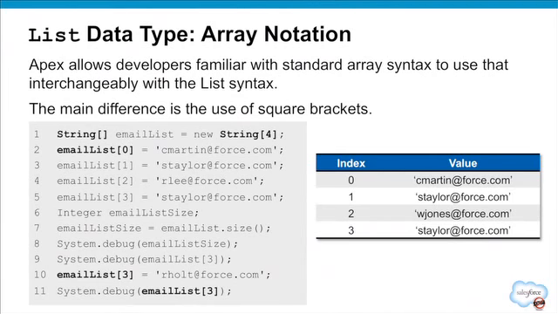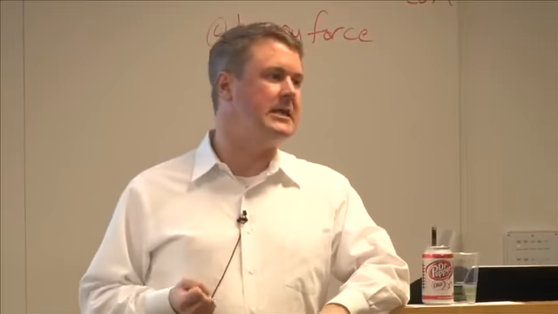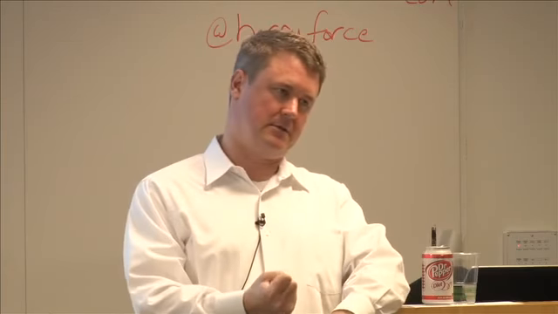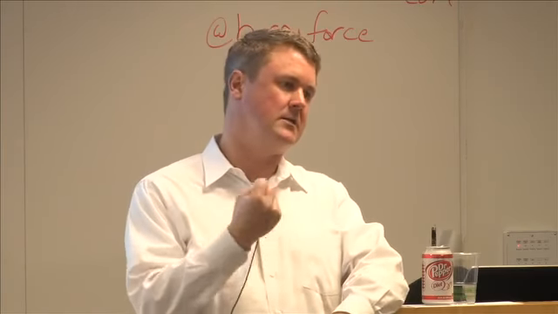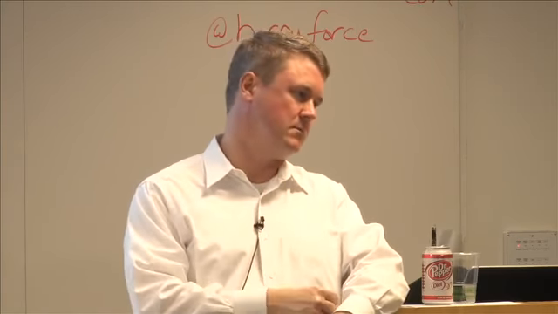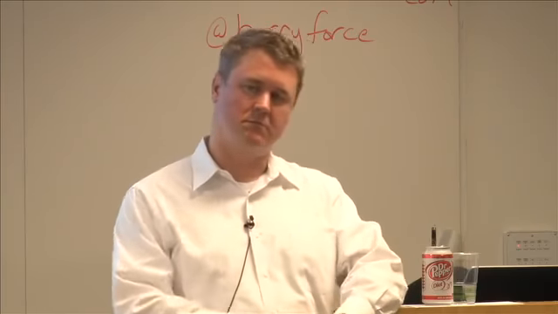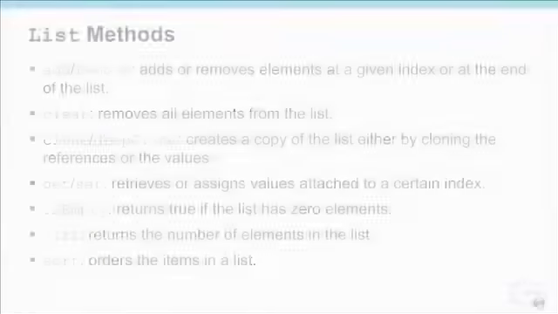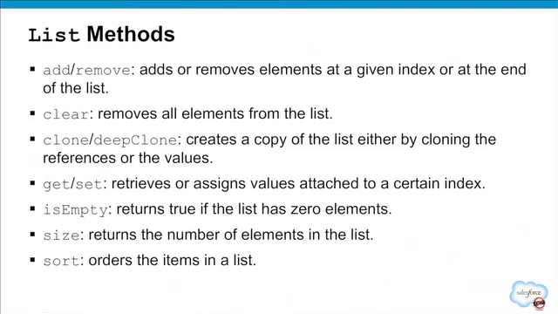Unlike in another language like Java, where the concept of an array is different than the concept of an array list, at the end of the day, Salesforce has lists, and you can use array syntax with those lists. So it's just a coding shortcut. Don't read into it. Here are some of the different methods which are available to us.